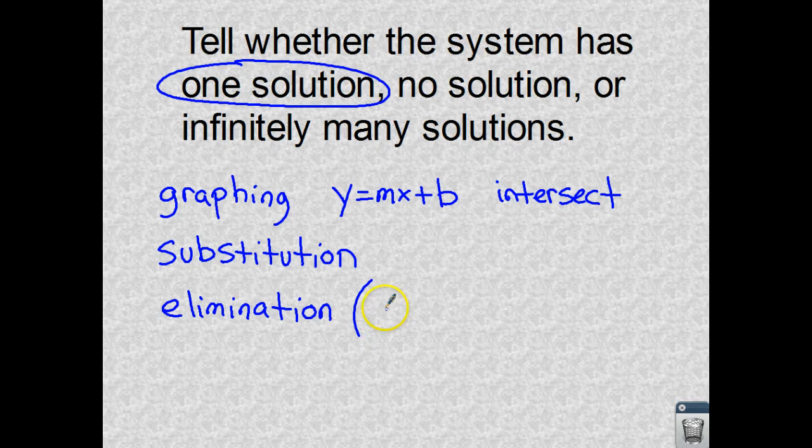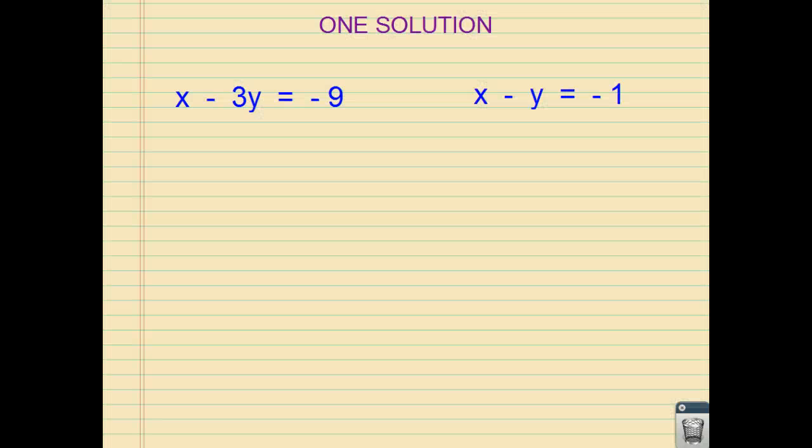We used addition, subtraction, and multiplication when we were solving those particular problems. All right, now, there are special cases when there might be no solution or infinitely many solutions. So let's go take a look at those particular cases.